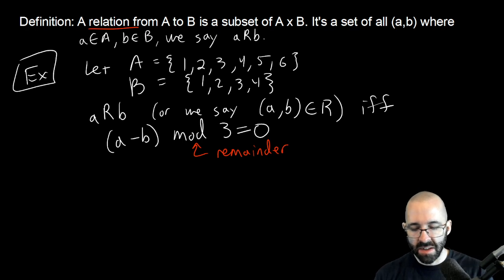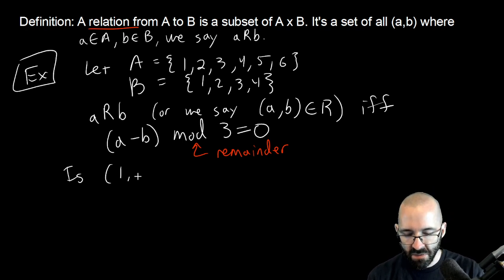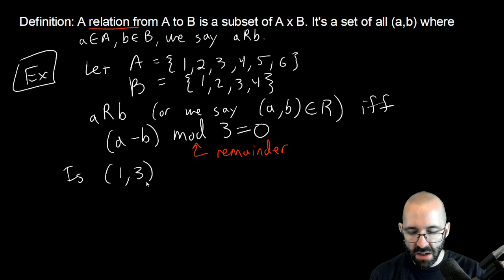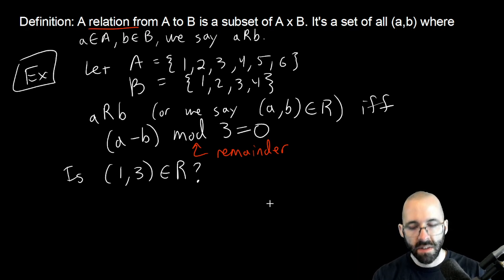So let's look at some examples. Let's pick any two elements of A and B. I don't know, is 1, 3, are they related to each other? Is this in the relationship? Well, let's check.